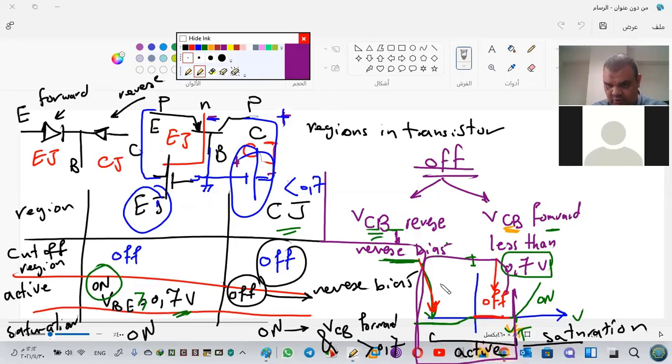This is off, this is on, so now you are working in the active region. If I want to work in saturation, that means on, with 0.7 for input, and for output I need forward and bigger than 0.7.